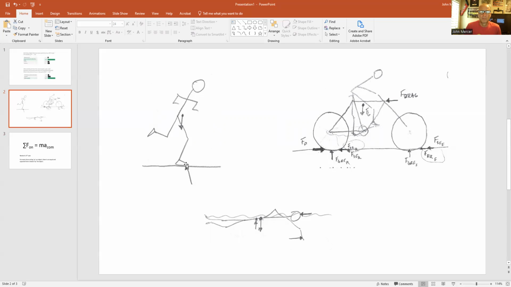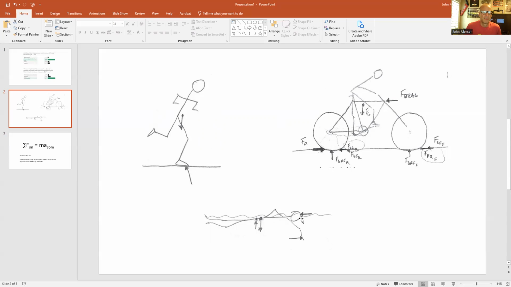Newton's third law tells us there's an equal and opposite force created by the runner pushing on the ground. We only put the forces acting on the object into our equation, sum of forces equals ma. We may want to know the force of the person pushing on the ground, and when we want to know that force, we actually measure this force right here, the reaction force.